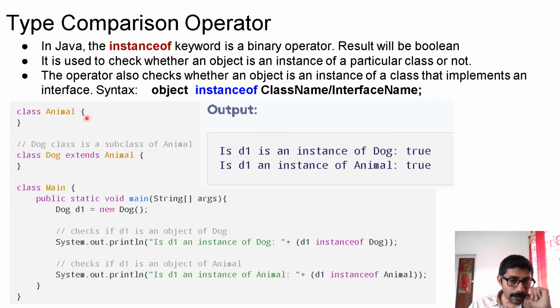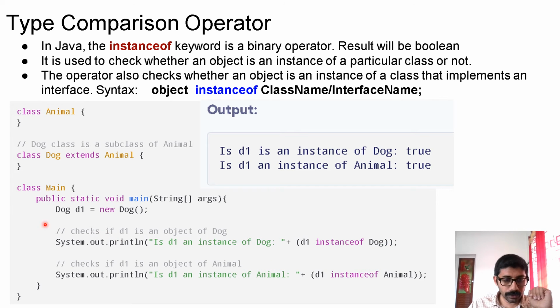So let us see one example. Class Animal, an empty class. Now I am deriving a class Dog extends Animal. So I created the class Dog from base class Animal. Now in my main class, I am creating one object d1 equal to new Dog. A derived class object is created. Now I am checking d1 instanceof Dog.